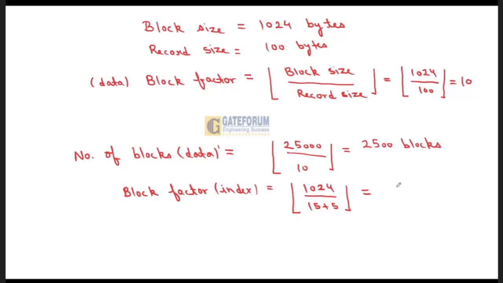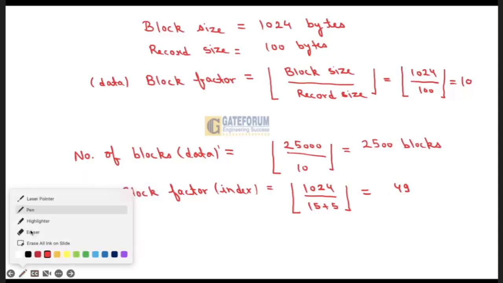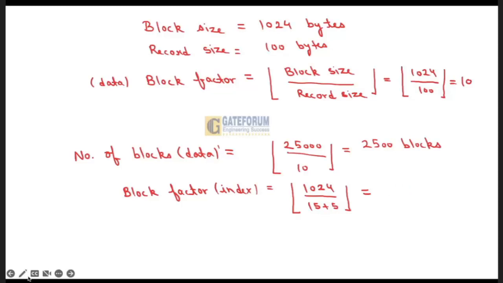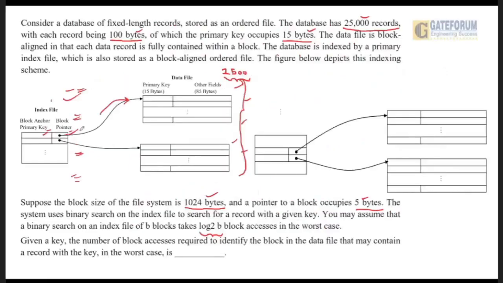It will be 1024 divided by 20. It will come as 51, means in an index block total 51 records will come. Suppose this is one block, so this is one record, this is another record, so total will be 51 records in an index block.